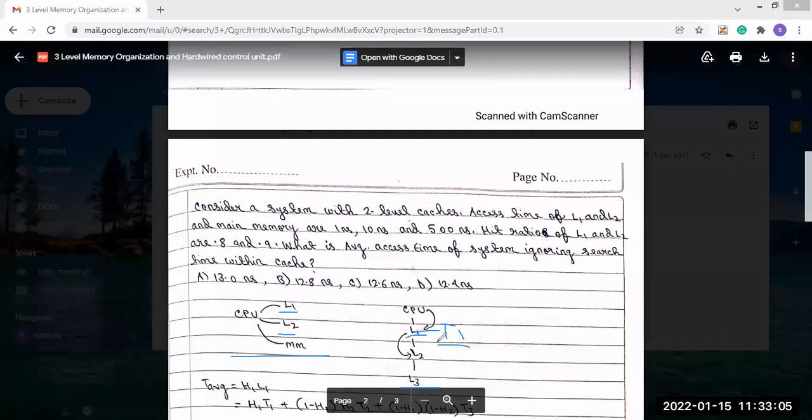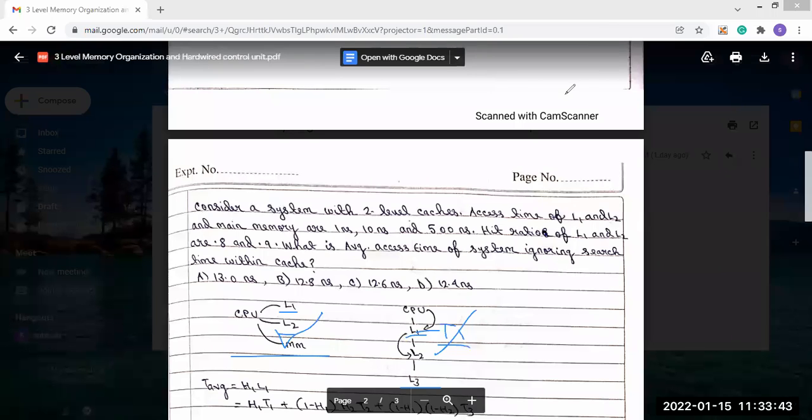If anything is not mentioned in the problem, then always prefer to choose the parallel organization, because the time we get will be less compared to the hierarchical organization. Here it is directly mentioned, but there may be problems where nothing is mentioned. In that case, simply do what? Always prefer to do the operation using the independent organization.